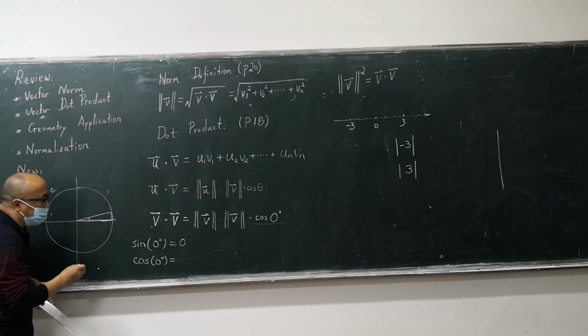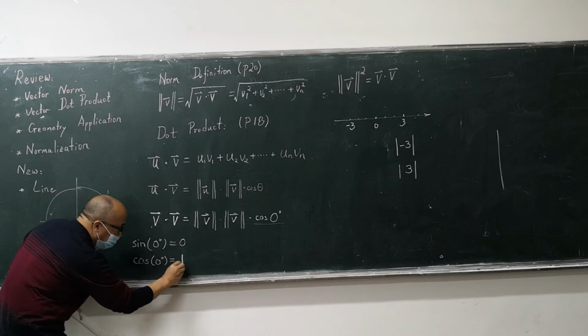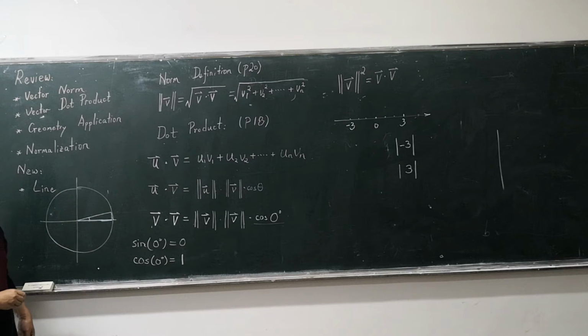That is 1. Cosine 0 is 1. The unit circle helps you very importantly.